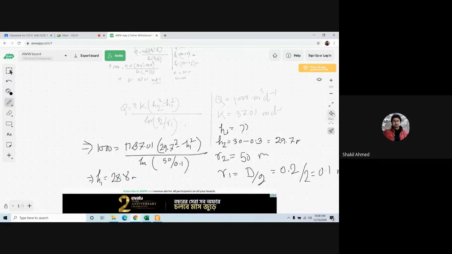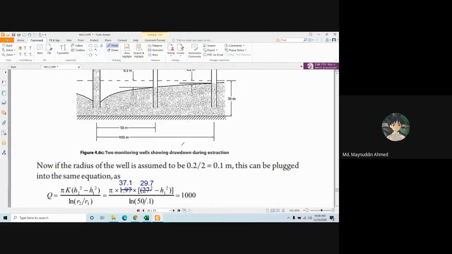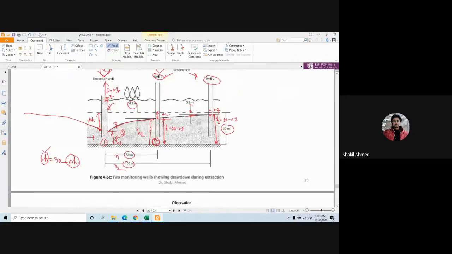So therefore you will have the drawdown delta H as what? We can write that H total equals H1 plus delta H. Delta H plus H1 is 30.